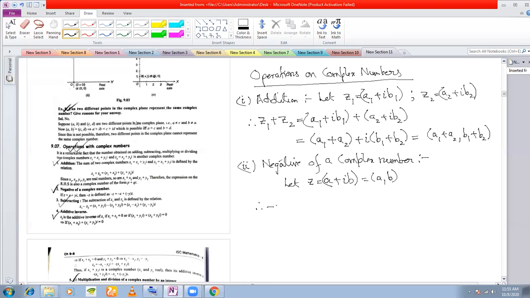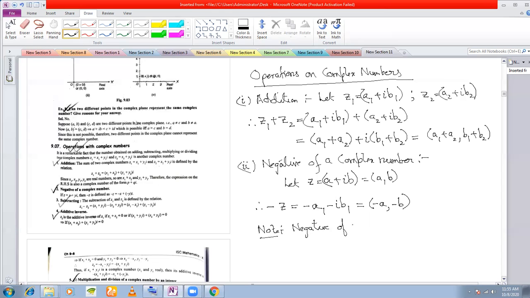Then we define the negative of a complex number as minus z = minus a minus ib, where we change the signs of the real part as well as the imaginary part. In terms of ordered pairs, we write this as (-a, -b). The negative of a complex number is also called the additive inverse of a complex number.